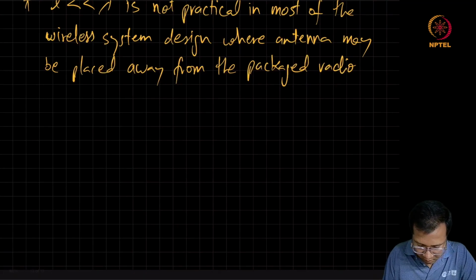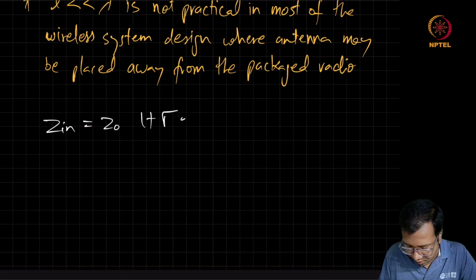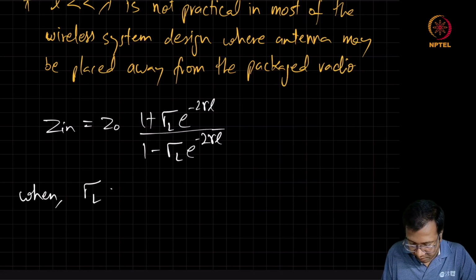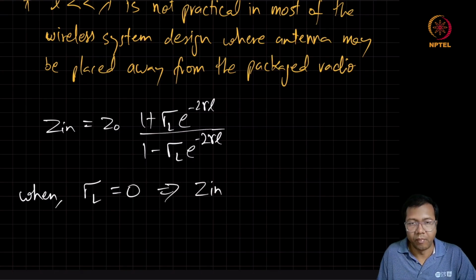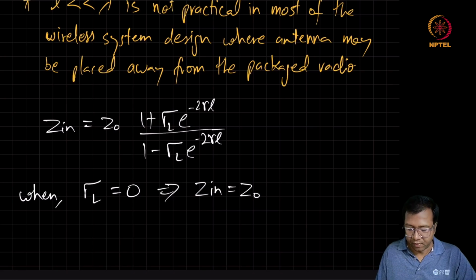So let us see: Zin is equal to Z0 times (1 plus gamma L e to the power minus gamma L) divided by (1 minus gamma L e to the power minus 2 small gamma L), when capital gamma L is equal to 0. It implies the impedance looking in from the source side is equal to Z0.